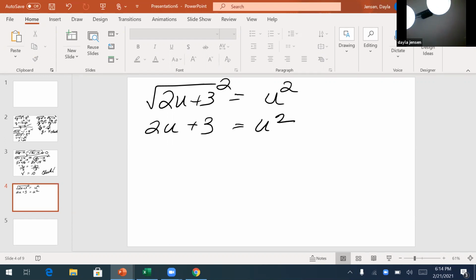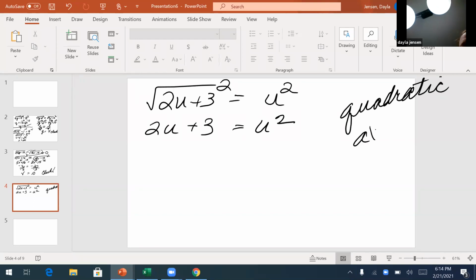Now I'm going to have a quadratic. So I need to get it in the form ax squared plus bx plus c equals 0. That way I can either factor it or use the quadratic formula.